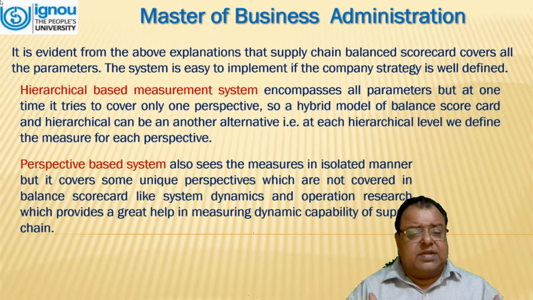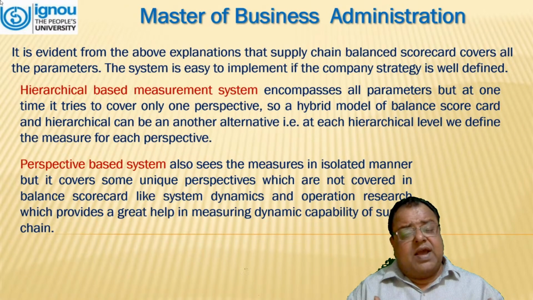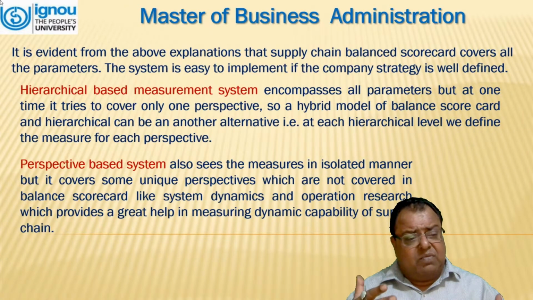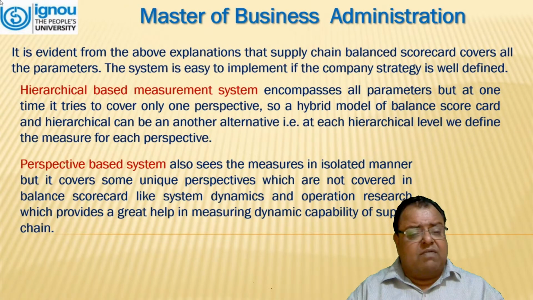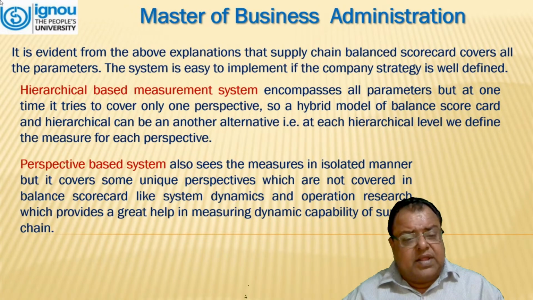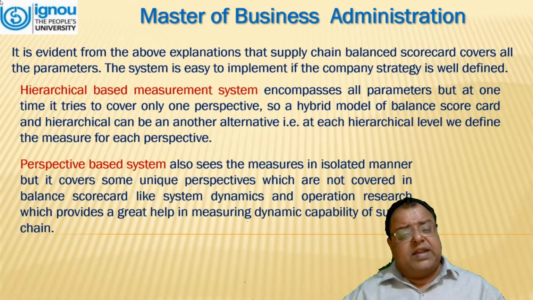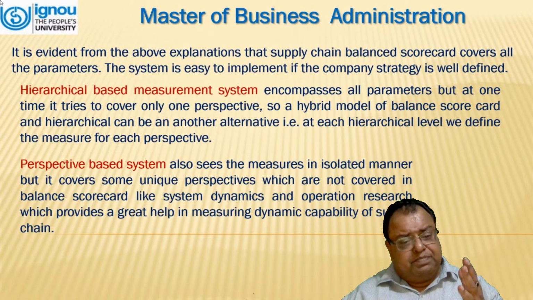The system is easy to implement if the company strategy is well defined. Hierarchical based measurement system encompasses all parameters, but at one time it tries to cover only one perspective. So, a hybrid model of balanced scorecard and hierarchical can be the other alternative, that is, at each hierarchical level, we define the measures for each perspective.